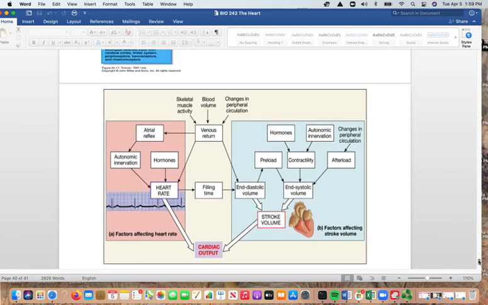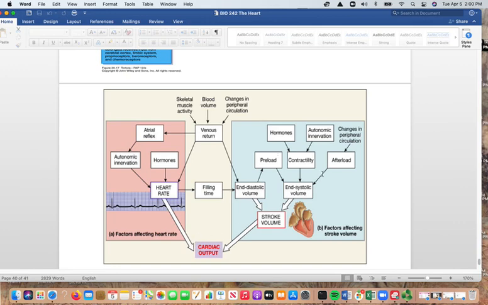And this is another flow chart that tries to coordinate those things all together as well. Things that are going to be affected by venous return, your atrial reflex, the autonomics, and the hormones are all going to affect heart rate. That affects cardiac output.